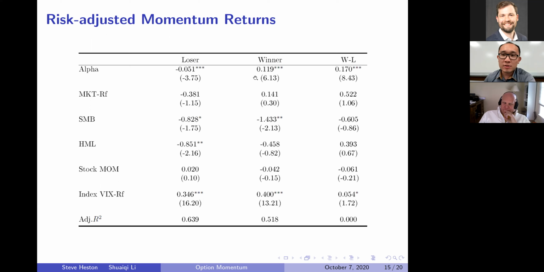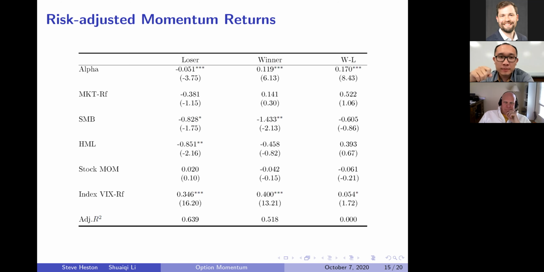So it's possible that the option market participants keep underestimating the stock volatility, and in that case, the option prices tend to be underpriced. It's also possible there may exist a time series momentum in this anomaly. But we didn't do too much work in that direction.